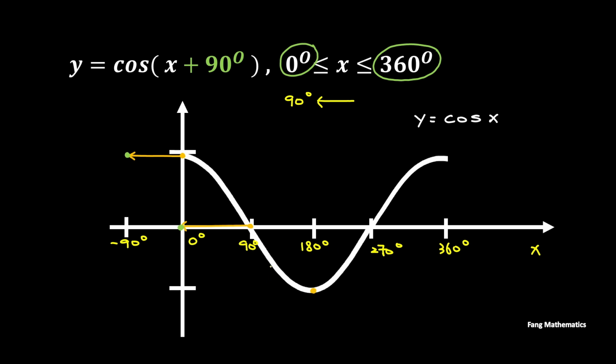So 180 degrees minus 90 degrees, we land on 90 degrees. You should have a point here. In the same logic, there is another x-intercept. You shift this point towards the left for 90 degrees and it lands on 180 degrees. And this maxima here, 360 degrees minus 90, will get you 270.